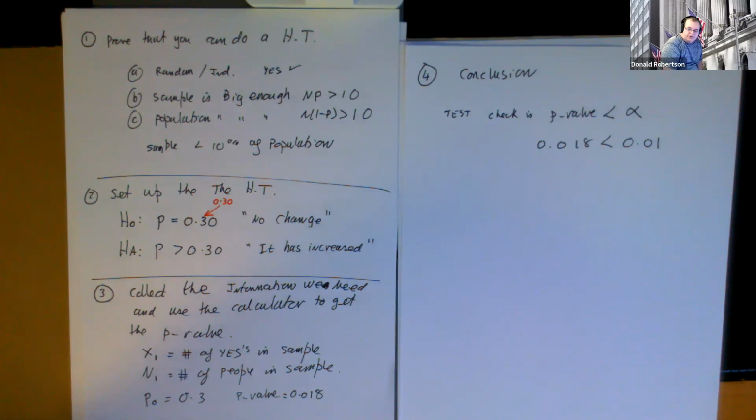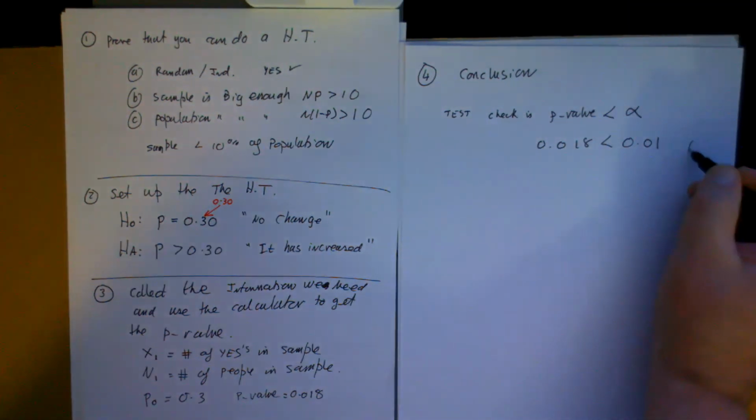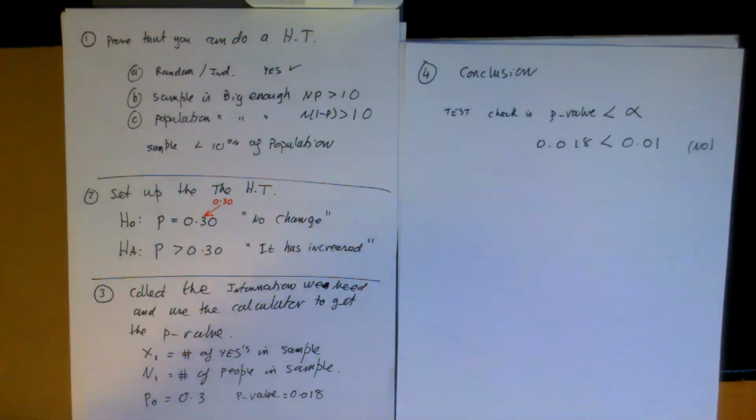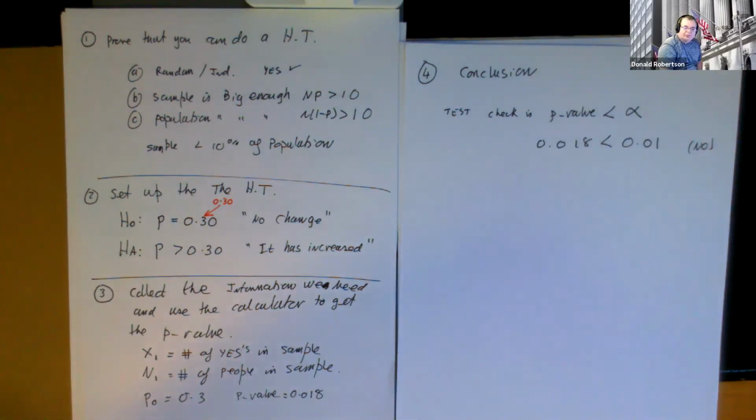Is that true? Is 0.018 less than 0.01? No. So we haven't found evidence to prove that students today have a car more than they had in the past.